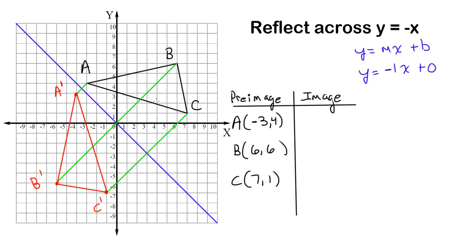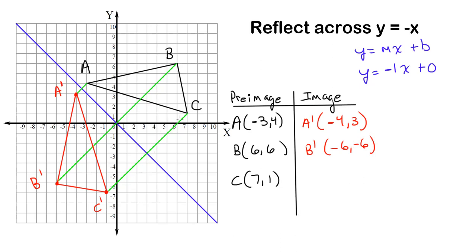So we see that A was at (-3, 4), and A prime is now at (-4, 3). And B was at (6, 6), and now B prime is at (-6, -6).